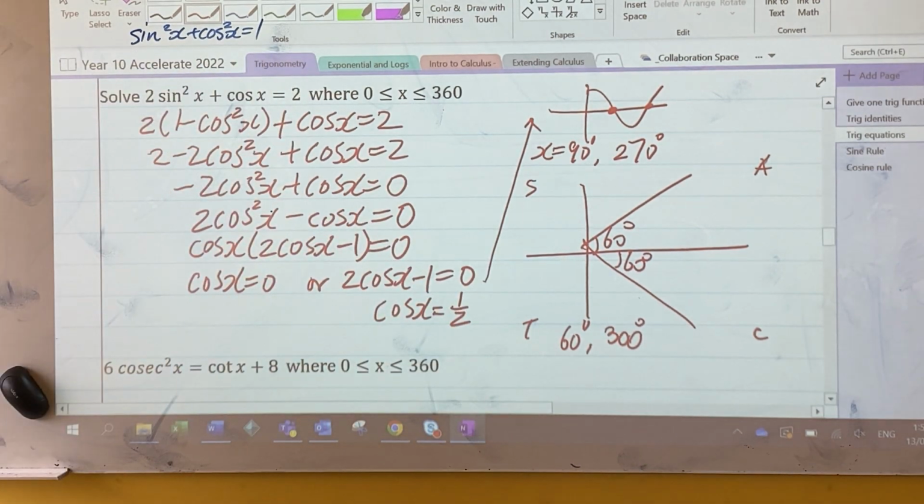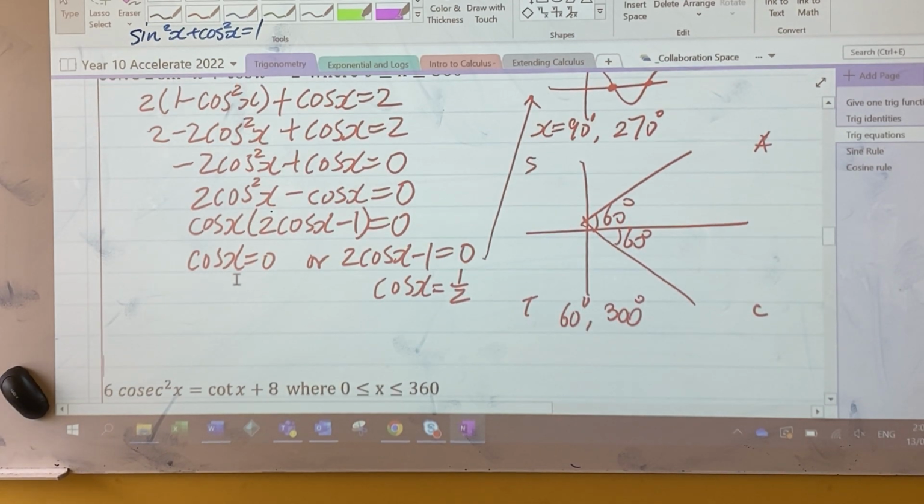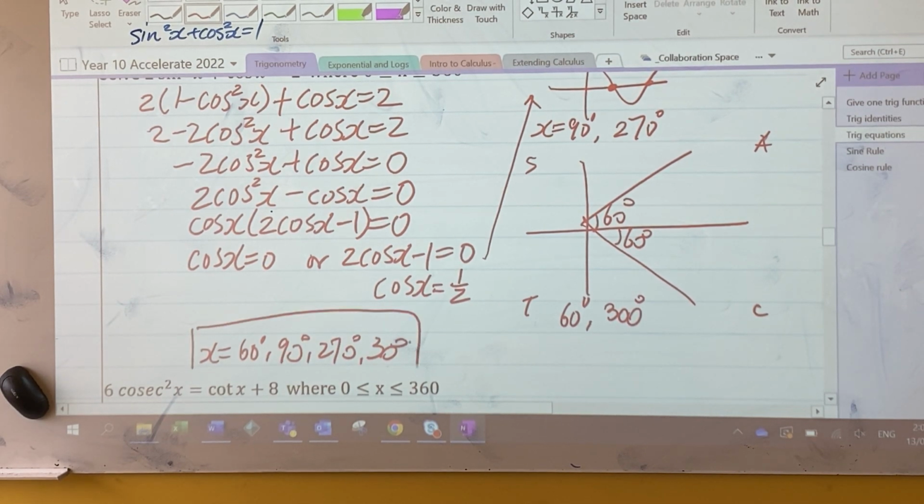Then you're done. Okay, it's always important, especially in exam situations, a good habit to make your final conclusion. Therefore, the final conclusion is x is 60, 90, 270, and 300. That is your final answer.